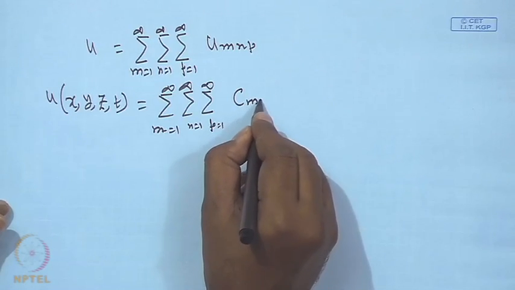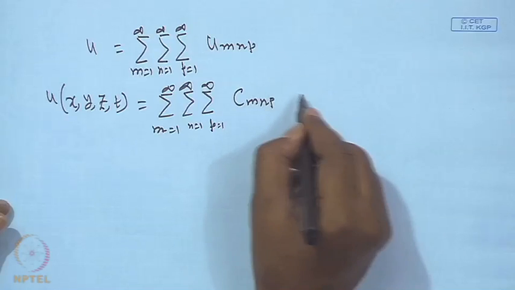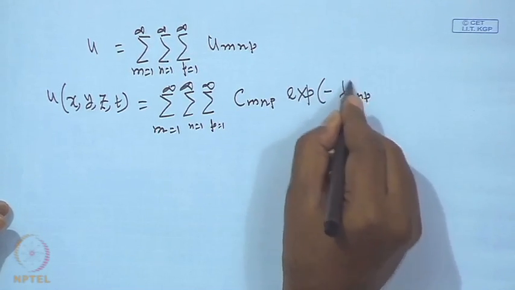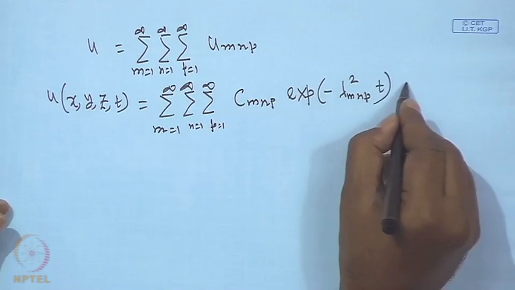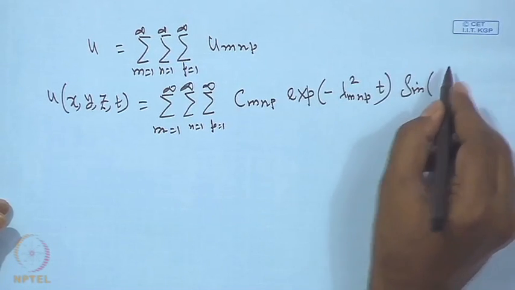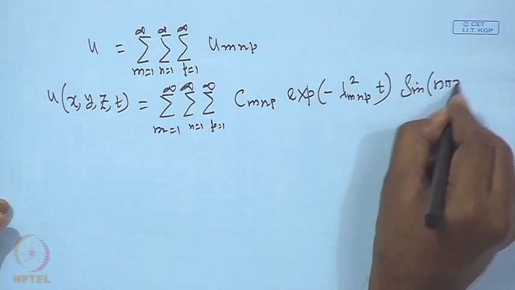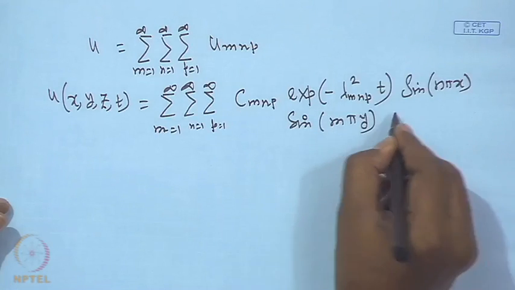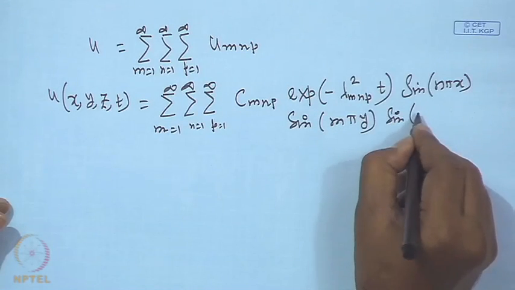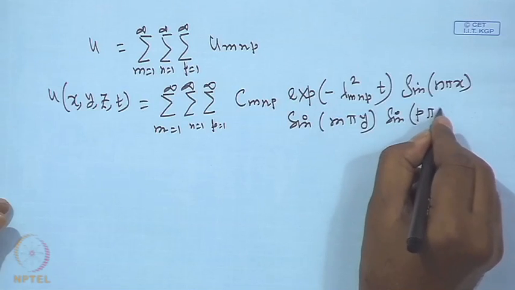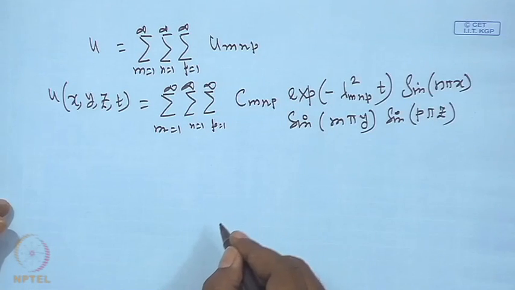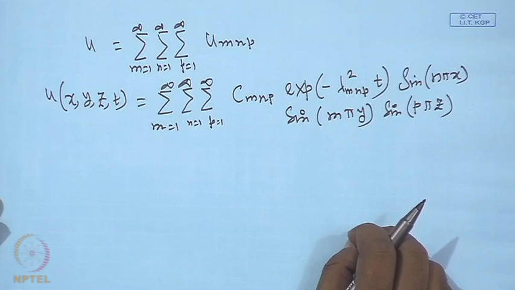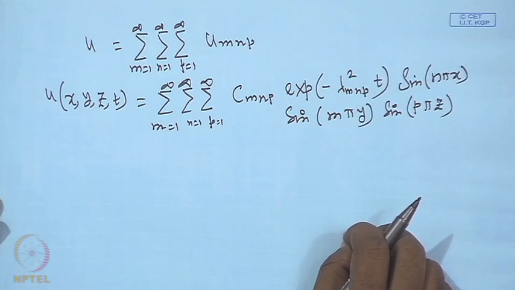So, you will have C m n p exponential minus lambda m n p square times t, sin n pi x sin m pi y sin p pi z. So, that constitutes the complete solution. Now, the constant C m n p has to be evaluated. For that we utilize the initial condition.